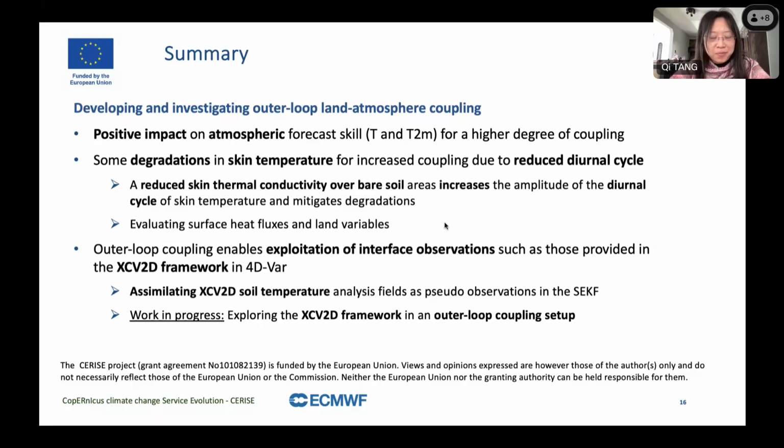Yeah, thanks for the question. The Kalman gain is based on the background and the observation error covariance matrices and on the Jacobians. The Jacobians essentially have the information of the EDA spread.